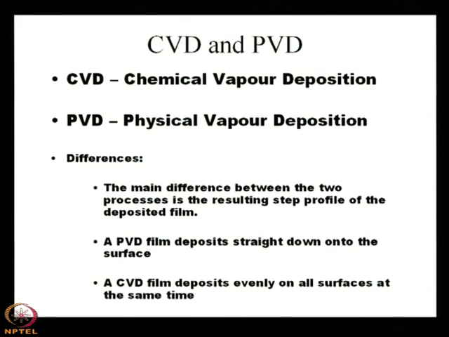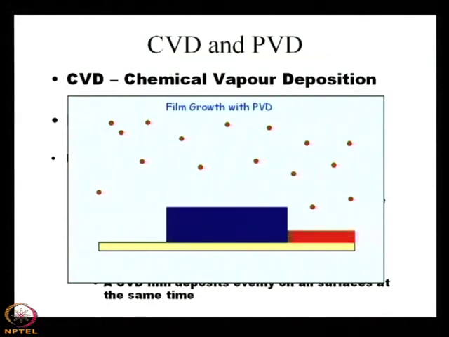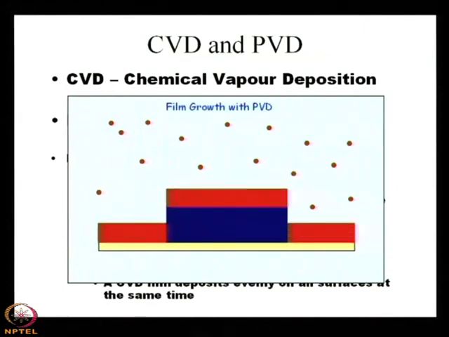Right. Now, the next thing is how the step coverage is. These are the species of the chemical materials. This is the substrate. What do you see? On the sides there is no film.